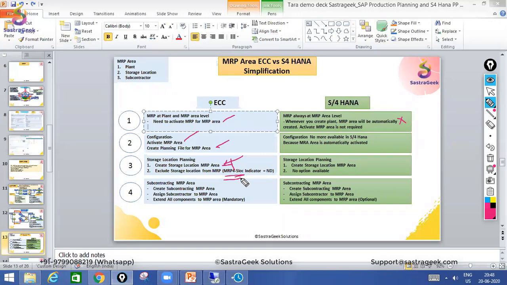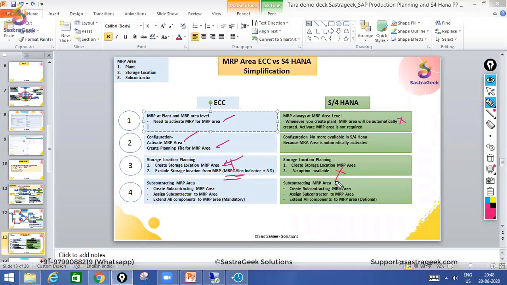If I'm having a material at block stock, scrap location or rejection storage location, I don't want that stock to be considered in the net requirement calculation and planning. In that case, in ECC, we do have that functionality available. Now in SAP S/4HANA, that functionality is not available.